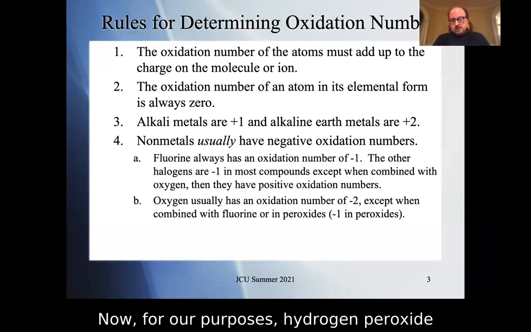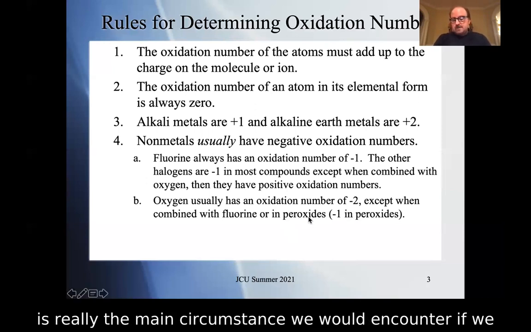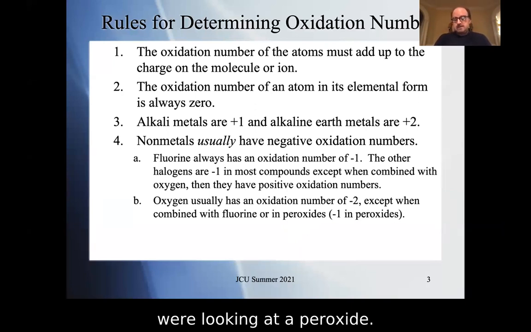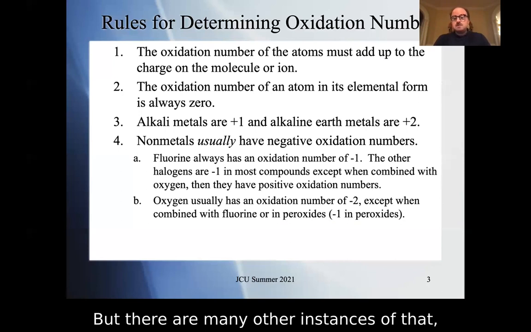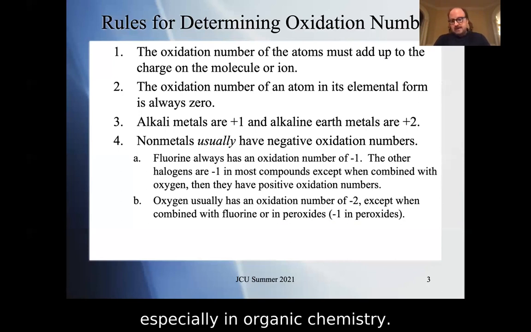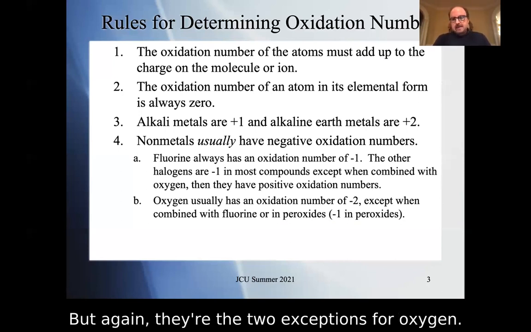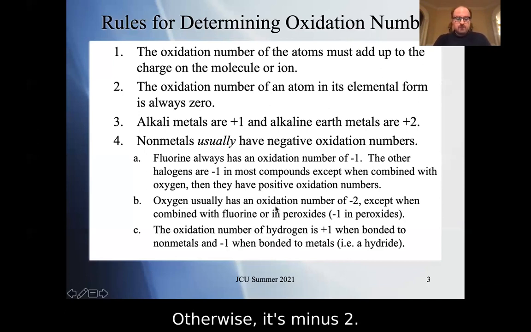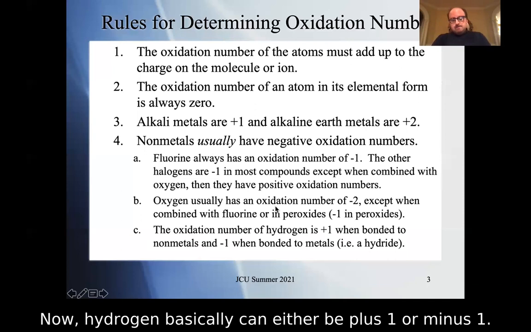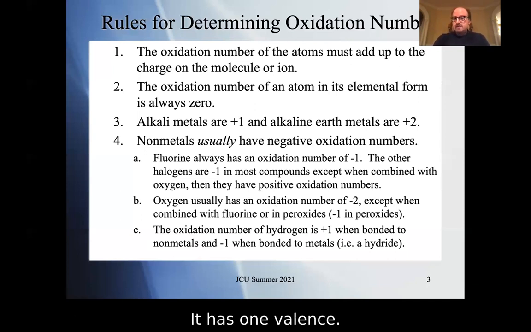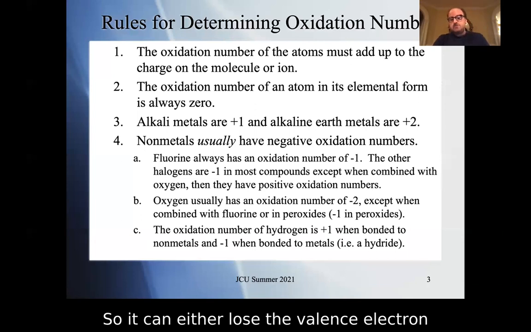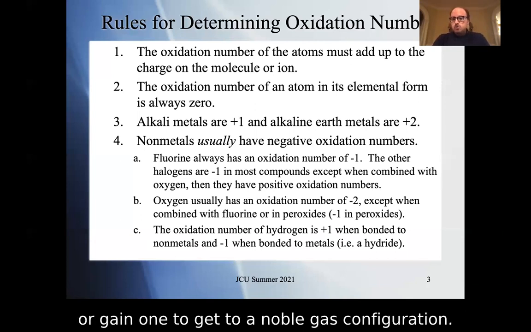Now, for our purposes, hydrogen peroxide is really the main circumstance we would encounter if we were looking at a peroxide, but there are many other instances of that, especially in organic chemistry. But again, they're the two exceptions for oxygen. Otherwise, it's -2. Now, hydrogen basically can either be +1 or -1. It has one valence electron, so it can either lose it or gain one to get to a noble gas configuration.